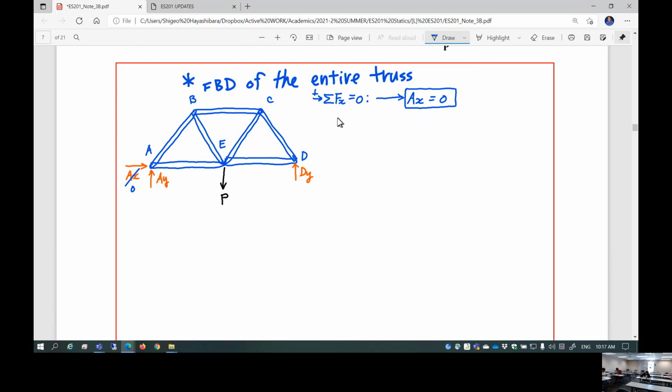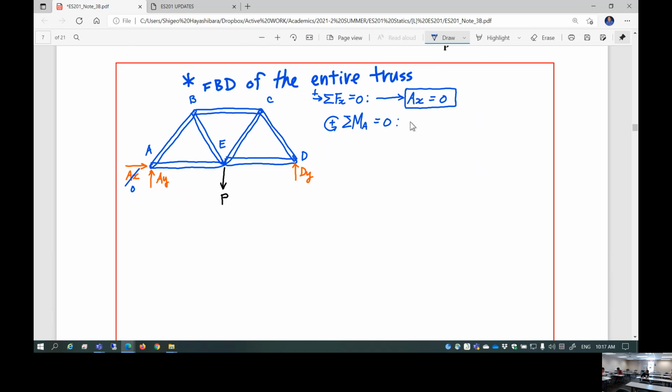Next, I'm going to apply moment. I'm not going to apply force in y direction set equal to 0 yet, because you get one equation with 2 unknowns and cannot solve it. So let's set the summation of the moment at joint A equal to 0. AX and AY don't create any moment at joint A. Force P is external loading, creating negative moment.